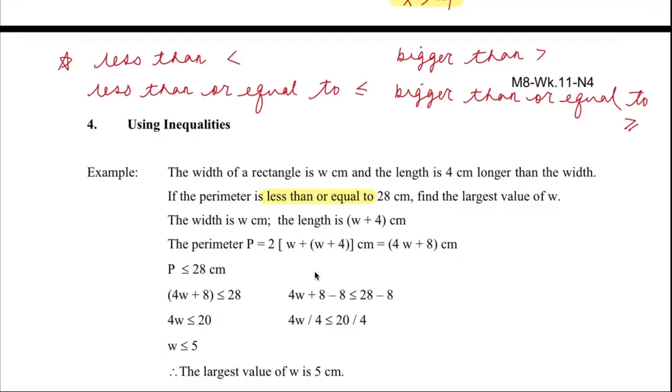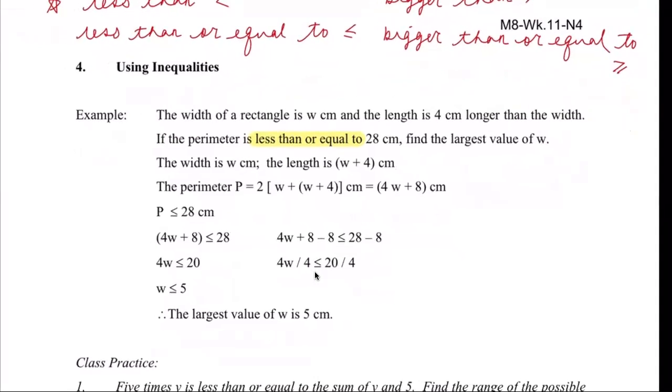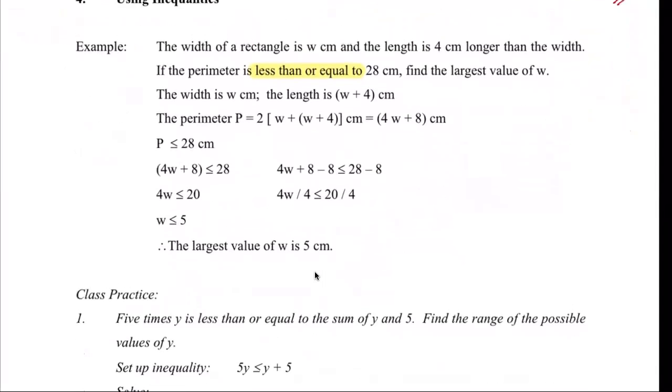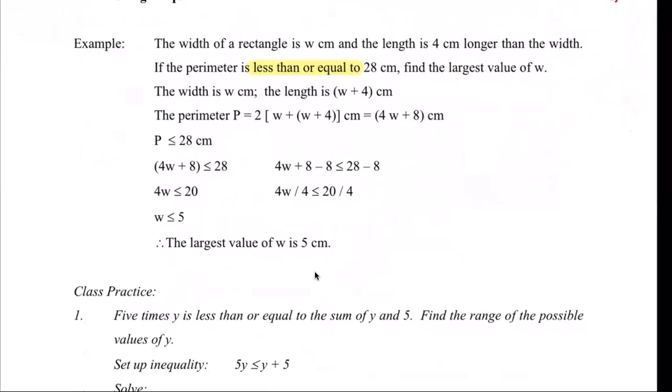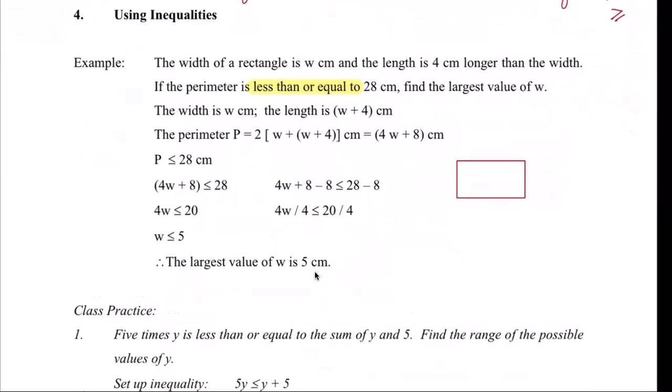The question defined W for us. So let's draw a diagram so it can help us understand what the question is really asking. Let's say we have a rectangle here. It says the width of a rectangle is W centimeters.